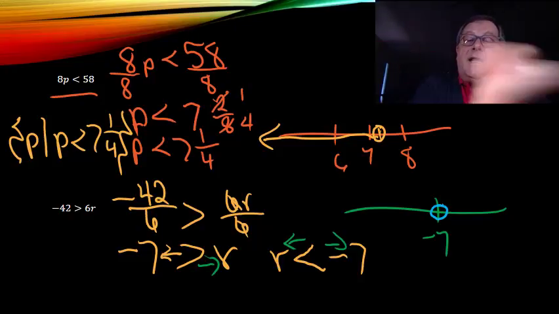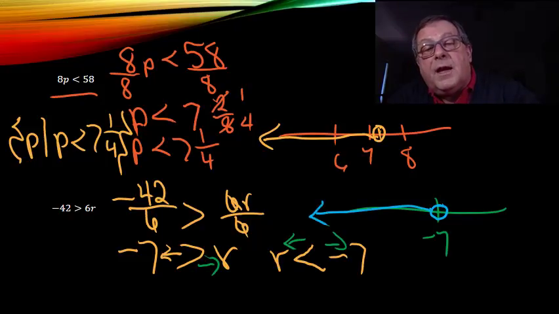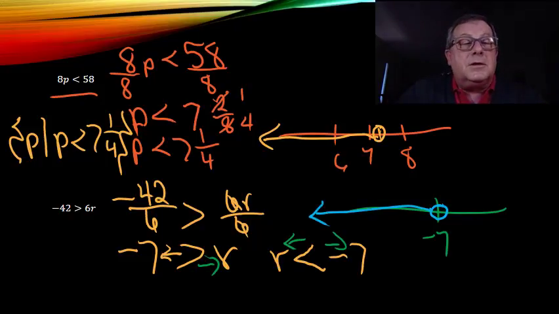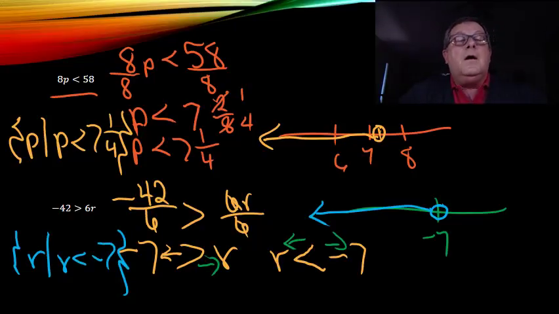And if r is less than -7 on my number line, I'm going to graph it to the left, and it's going to look something similar to that. And again, if I put this in set builder notation, I've got r such that r is less than -7, and we've got it. All right, there's a couple of examples.